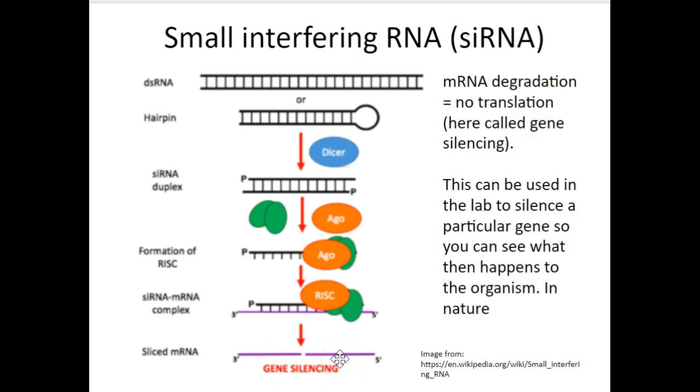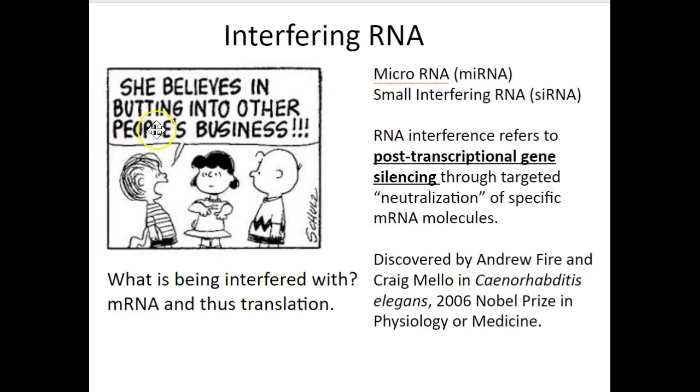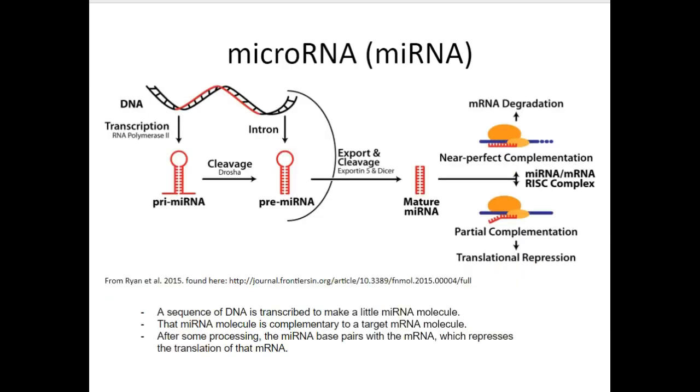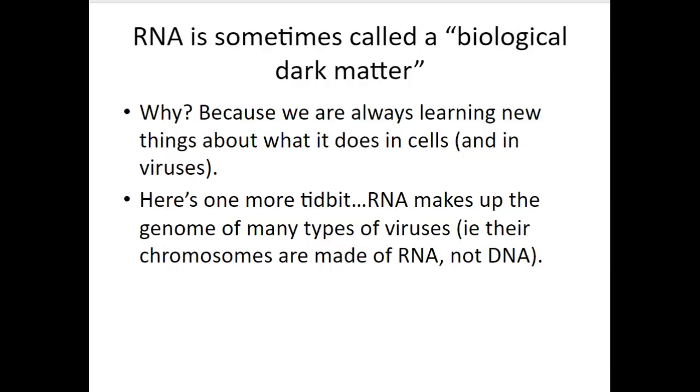So they also will stop translation, and so you won't get the protein associated with this silenced or sliced messenger RNA. So again, both of these fall into a category called interfering RNA, where we've got little RNA genes, and the result of expressing them are these tiny pieces of RNA that stop the translation of messenger RNA in a really specific manner.